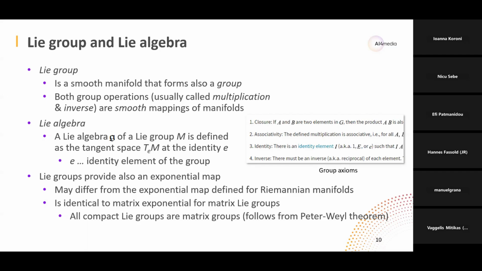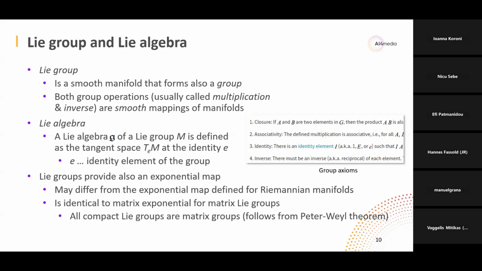For example, the rotation matrices, of course, they're building a group. And both group operations, which are usually called multiplication and inverse, must be also smooth mappings on this manifold. So that's a Lie group, and the Lie algebra is now also very simple. A Lie algebra is a vector space.